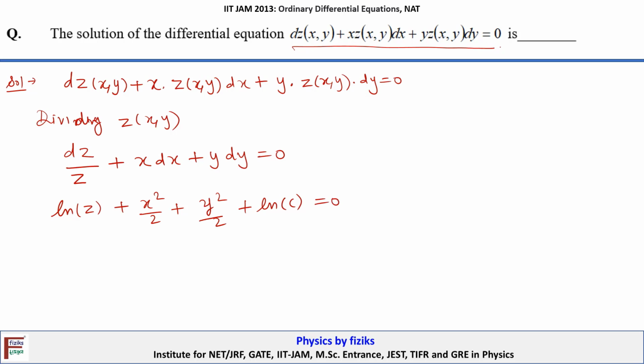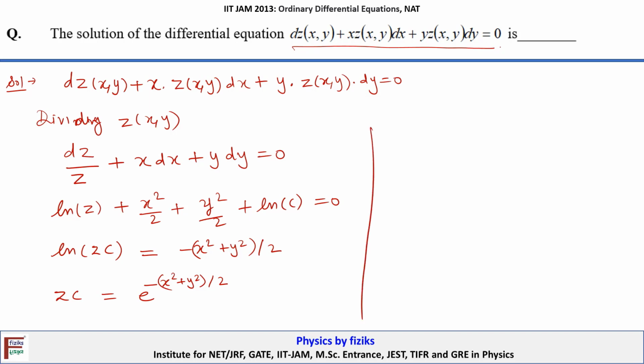Now combining these two logarithmic terms, we can write ln of z times c is equal to minus (x square plus y square) divided by 2. Taking the exponential on both sides, z times c is equal to e to the power minus (x square plus y square) divided by 2, and from here z is equal to 1 by c into e to the power minus (x square plus y square) divided by 2.